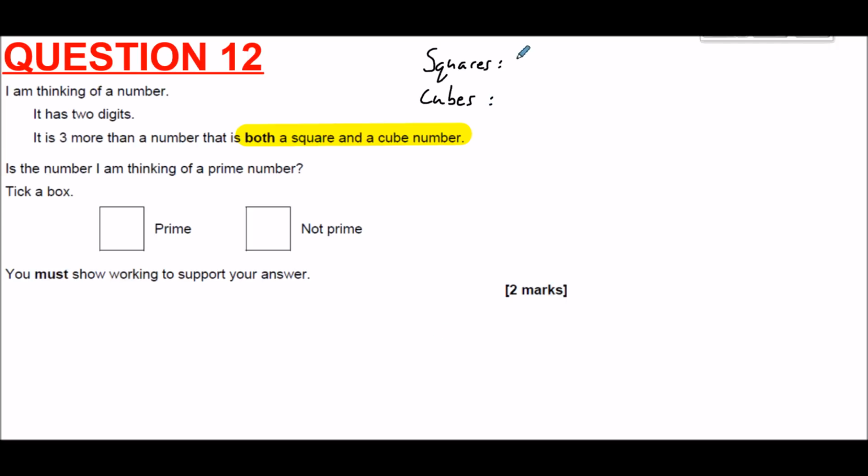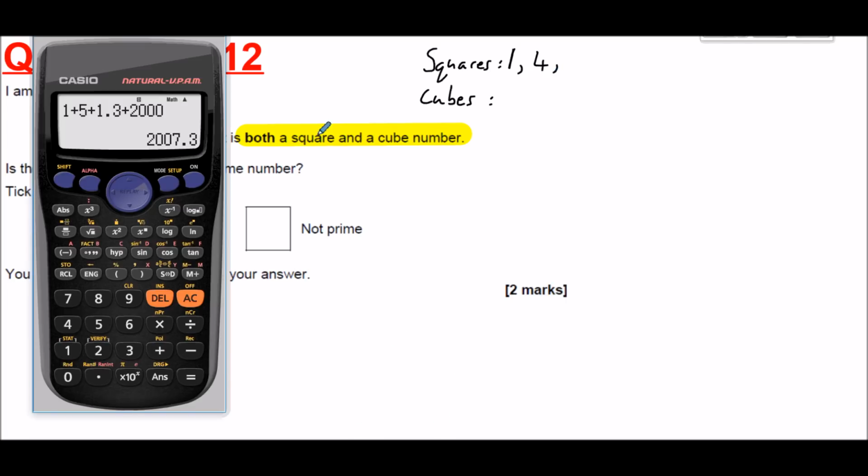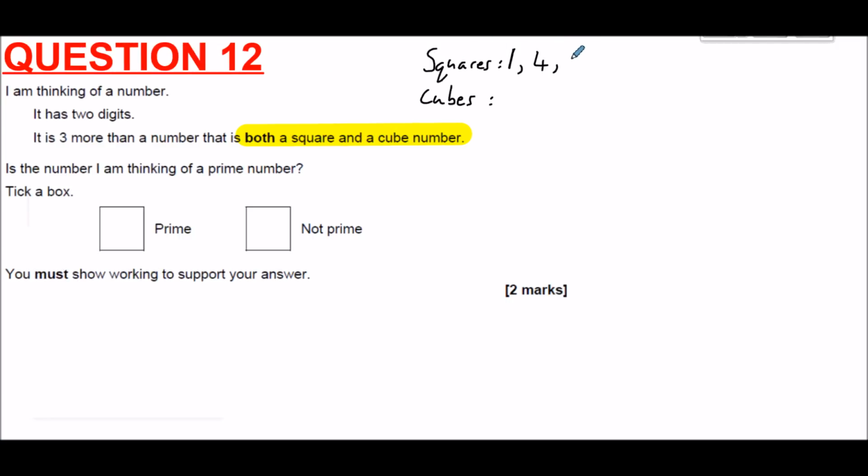So square numbers, your first square number is 1 times 1, which is 1. 2 times 2, which is 4. Of course, I'll just mention you can do these on a calculator very easily. So first one is 1 squared, which is 1. 2 squared is 4. The next one is 3 squared, which is 9. So if you're not sure what the square numbers are, or you think you've forgotten, you can use a calculator just to help you out.